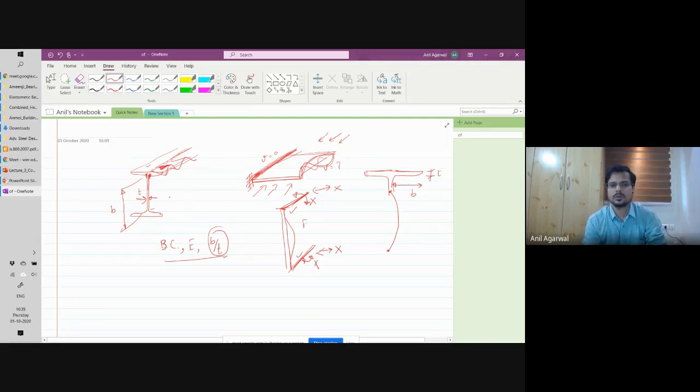Now, different components. There are two flanges and there is a web. Likewise, you may have a channel section where you may have two flanges and a web, or an angle section, unequal leg angle or equal legged angle, whatever. So if it is an unequal legged angle or a channel section or an I section, what may happen is that the flange may buckle but the web may not buckle, or the web may buckle and the flange does not buckle. So you have to check that none of the plates that the cross section is made of should buckle.